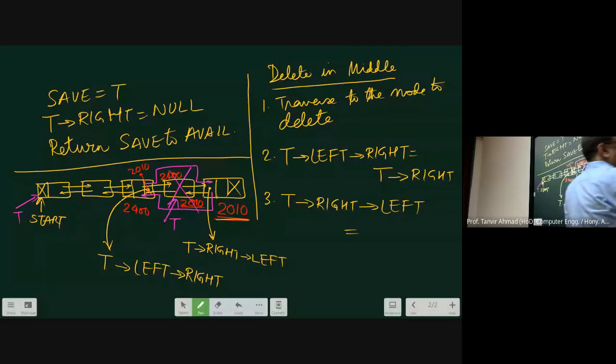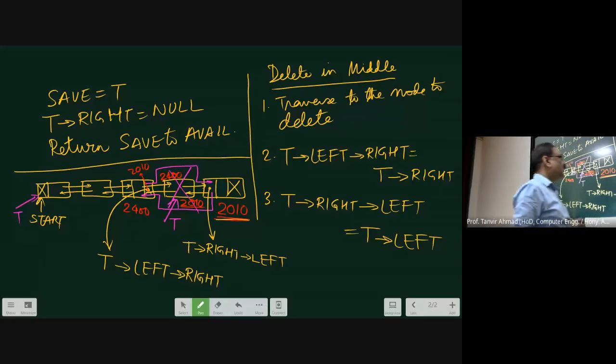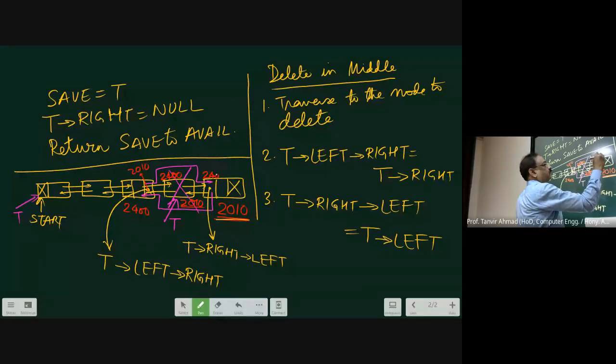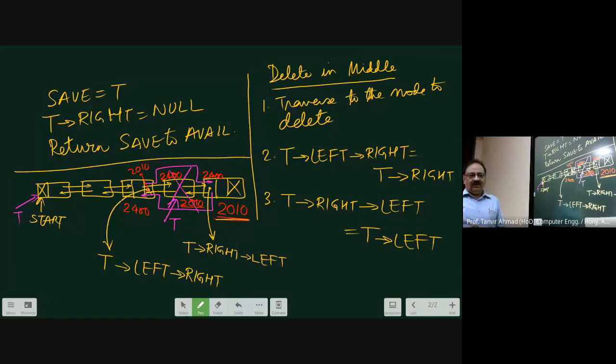Therefore T of right of left equals T of left. Now what will happen over here? This is going to copy 2400 over here. That's all.